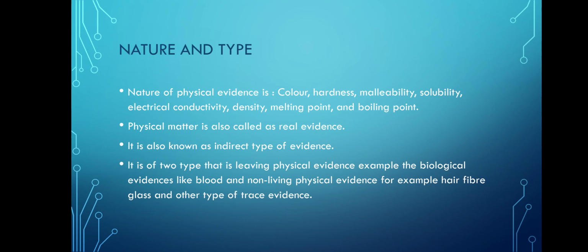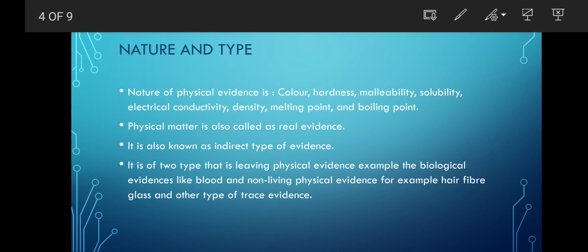Then moving to the nature and type. The nature of physical evidence is the same as the nature of physical matter. It will have color, certain hardness, it might be a little hard or soft, then malleability, melting point, solubility, electrical conductivity, density, boiling point, like whatever physical properties matter has.